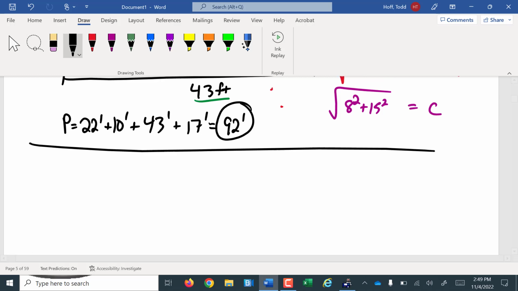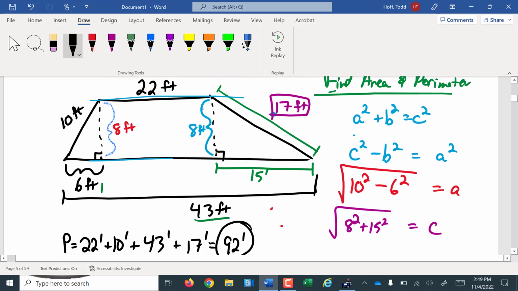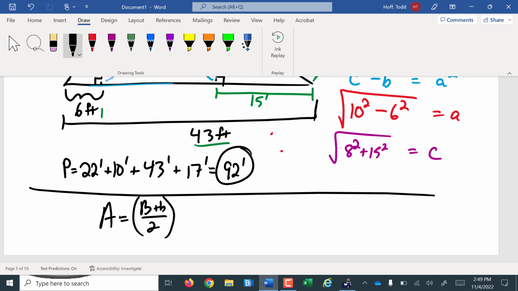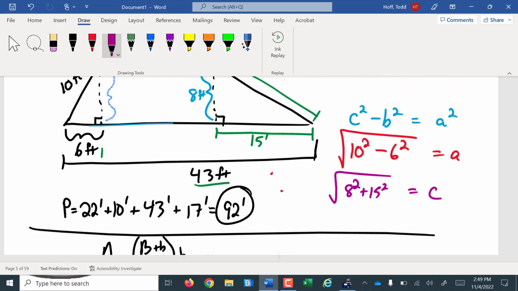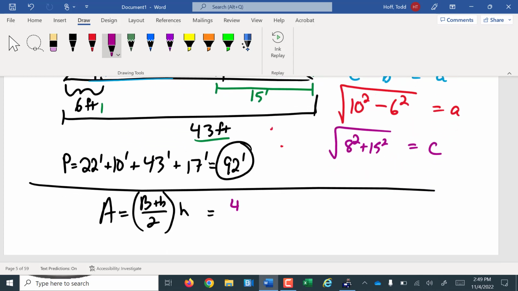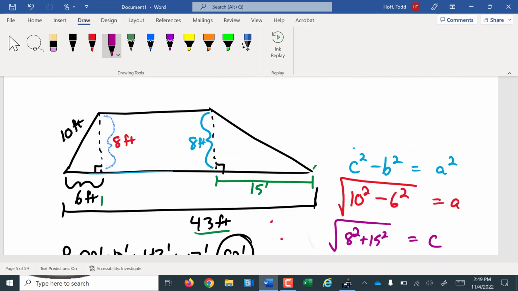Let's look at then the area. Remember, we had that area of a trapezoid. We averaged the two bases together and multiplied by the height. So here, what is the big base? 43. What's the little base? 22.